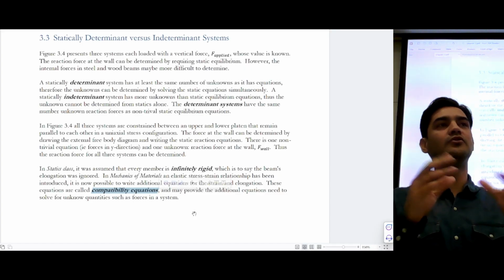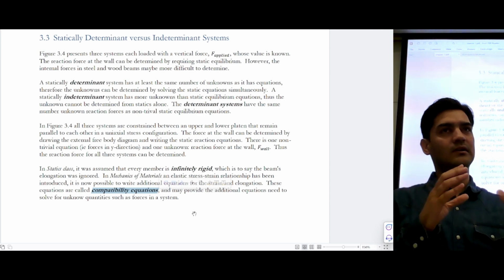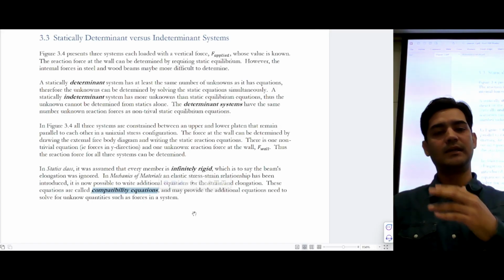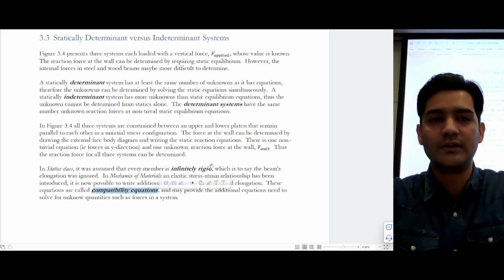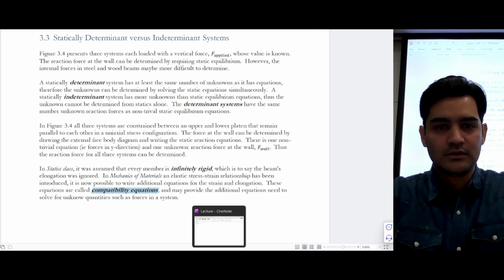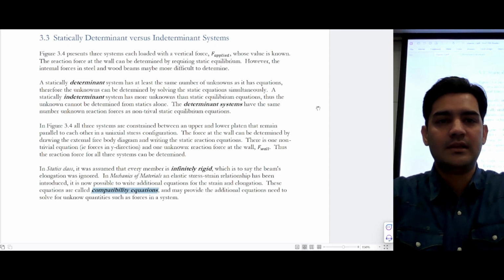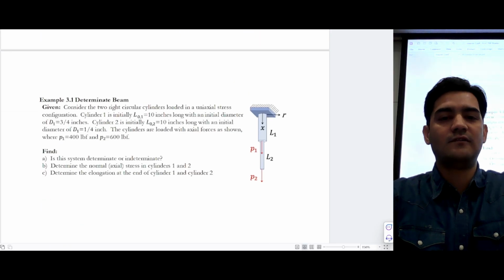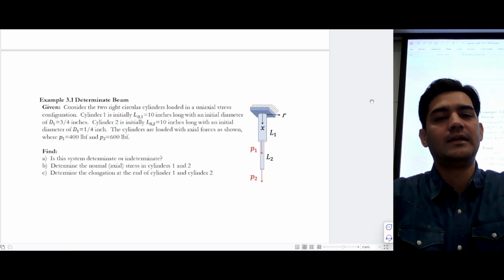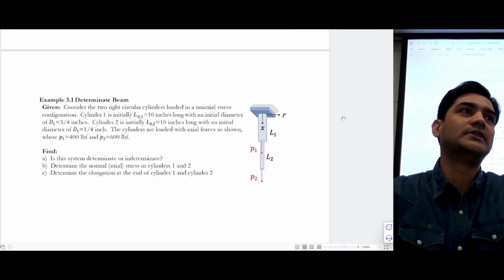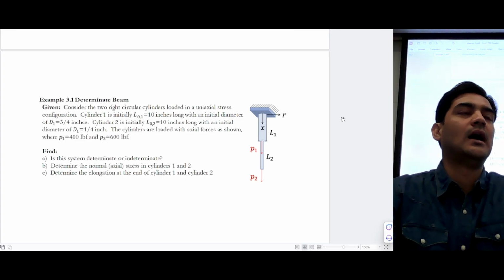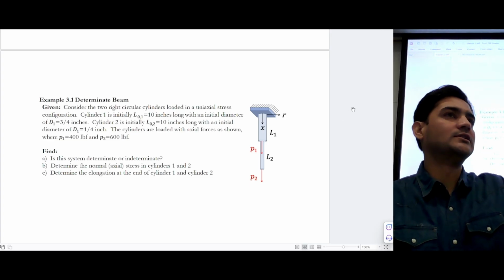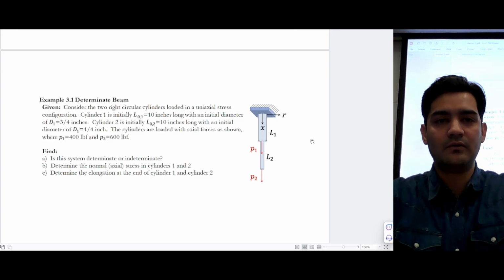When you're using the information from mechanics of materials to generate those equations to solve the indeterminate system, these equations are called compatibility equations. So that's the only new thing in chapter 3. And we can solve some examples in chapter 3, and then we'll see how, if a system is indeterminate, we can solve even an indeterminate system by all the concepts you have studied till now.